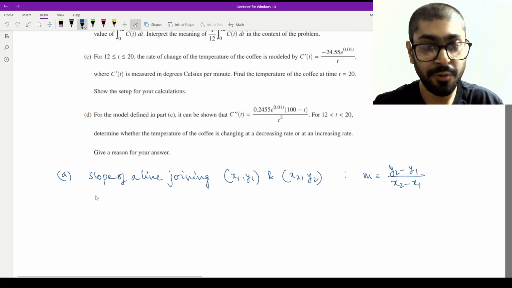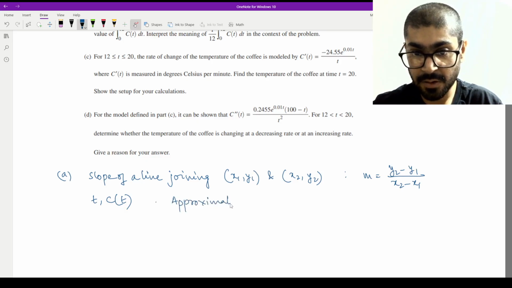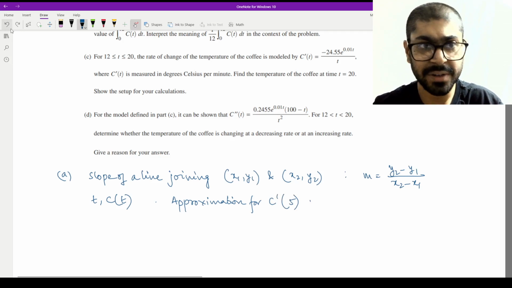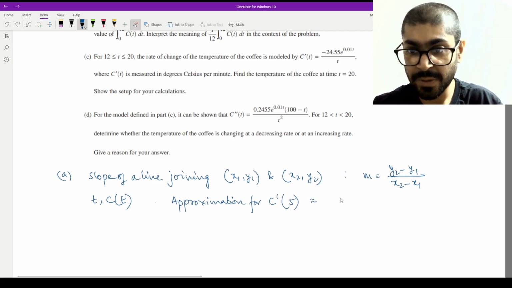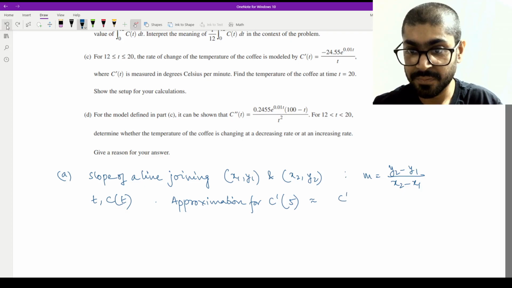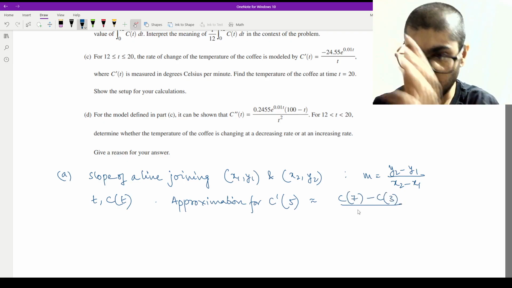Here the coordinates are in the form of t comma c of t, right? So the approximation would be, well, we have to put the sign for approximation, that would be c dash 7, I'm sorry, c7, c at time 7 minus c at time 3 by x2 minus x1, right?